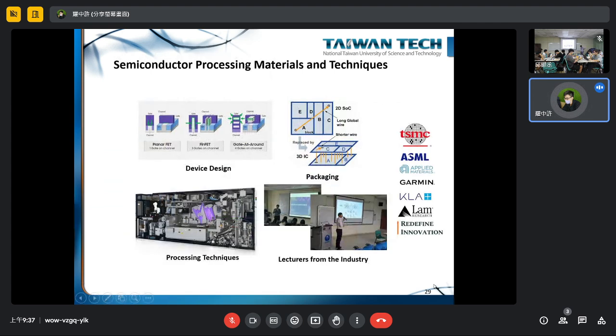One important thing in materials science is that many materials techniques are related to semiconductor processing. For example, these three are all field effect transistors.